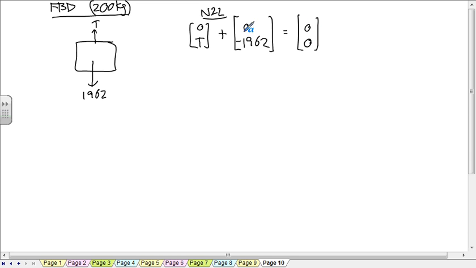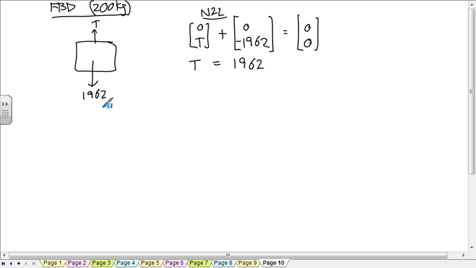If you look at this equation, you can see why it wouldn't be that simple if this was dynamics. You'd have some acceleration, and tension would be different from the weight by the mass times that acceleration. In statics, though, it is that simple. T is just equal to 1962.